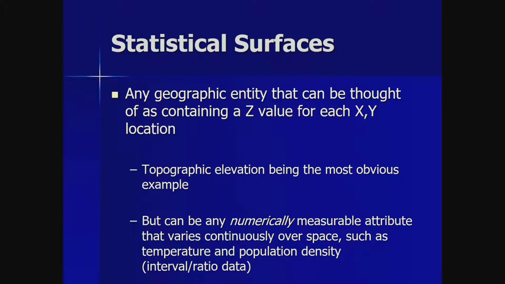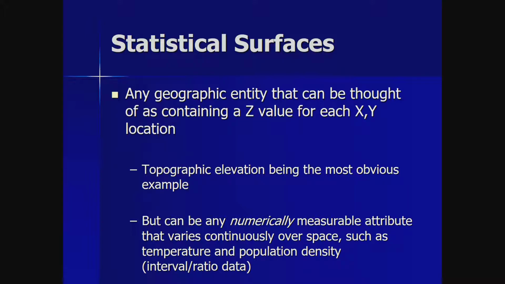Sometimes we refer to a surface that gets created from a group of points as a statistical surface. So we have a sample of that surface. If you've taken a statistics course, one way to think about the process of creating a surface from a number of points is to infer values on a surface from a sample of that surface.